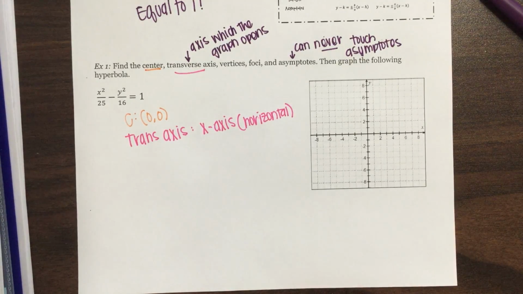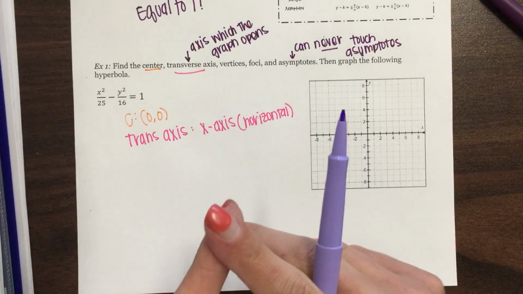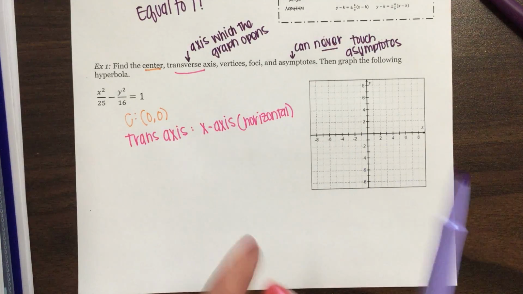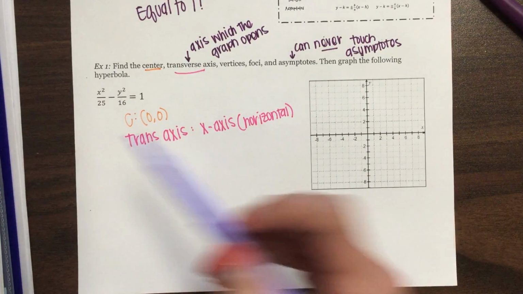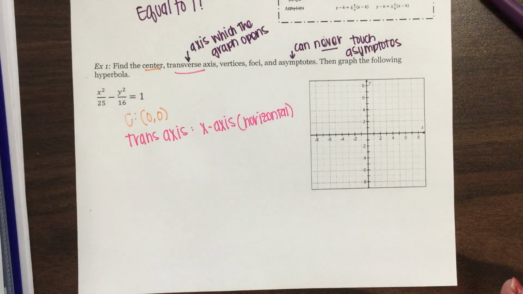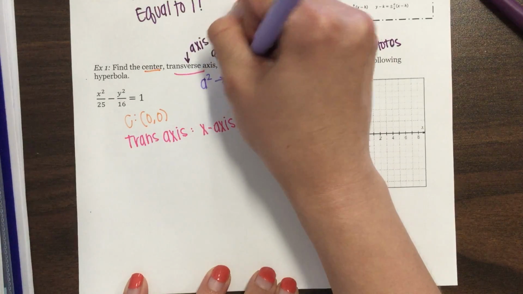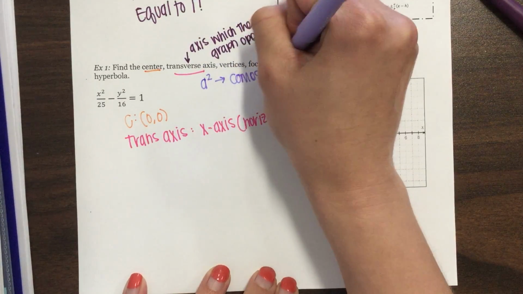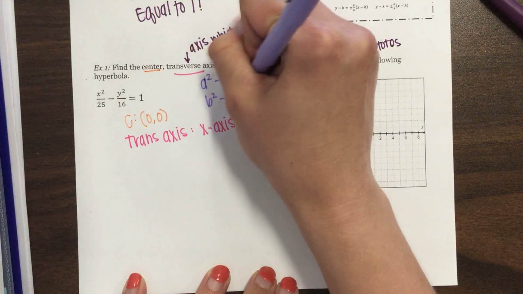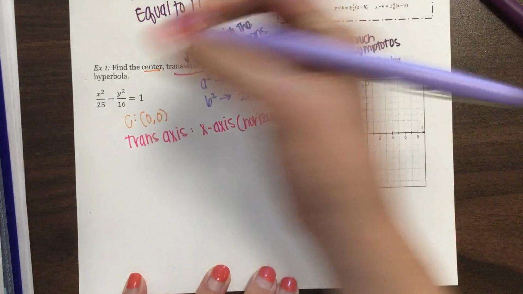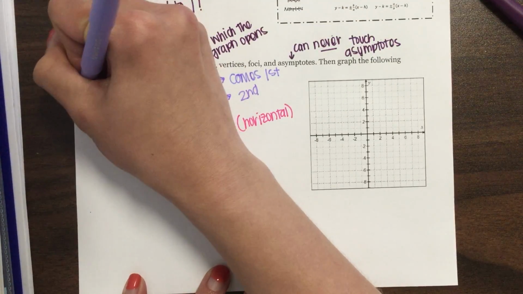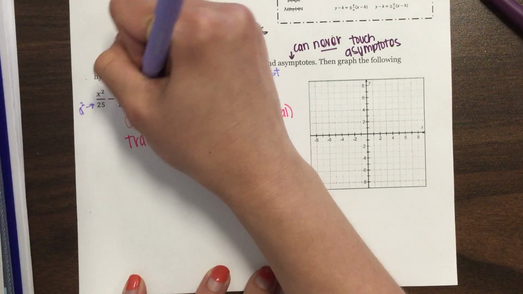To find the vertices, we need to figure out what is a squared and what is b squared, because we still have a squared and b squared when we're using hyperbolas, except now a squared is always the one that comes first. It doesn't matter if it's bigger or smaller. So a squared comes first, b squared is second. Okay, so 25 is my a squared, 16 is my b squared.